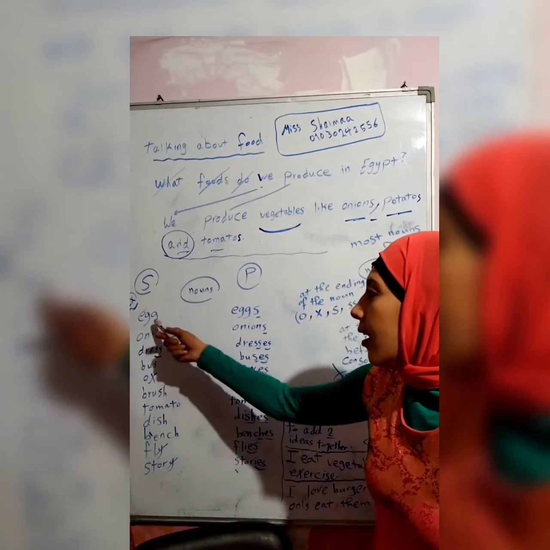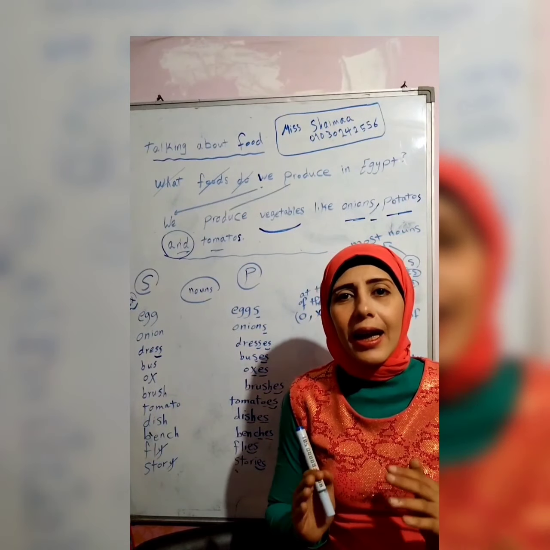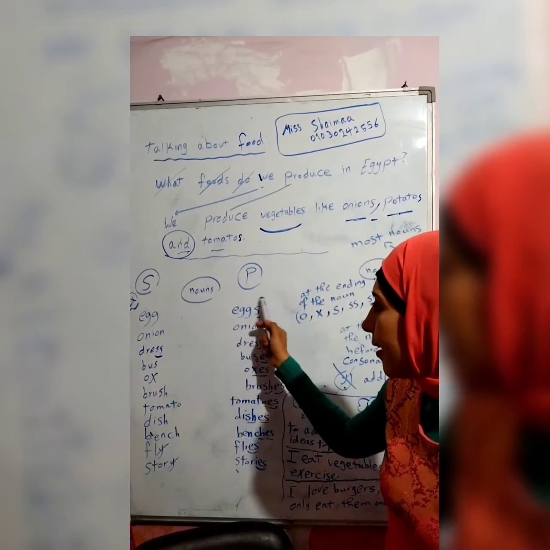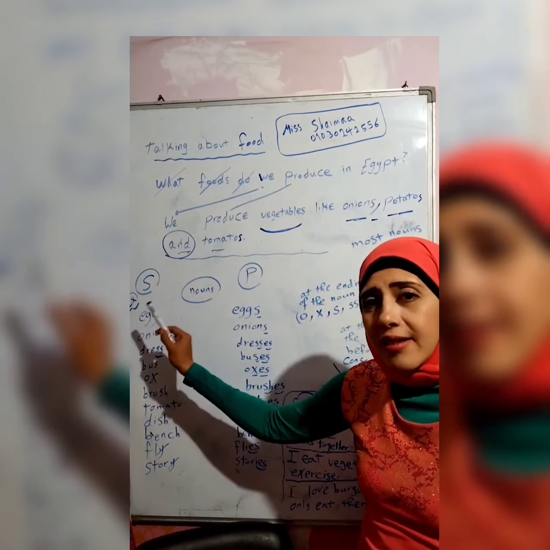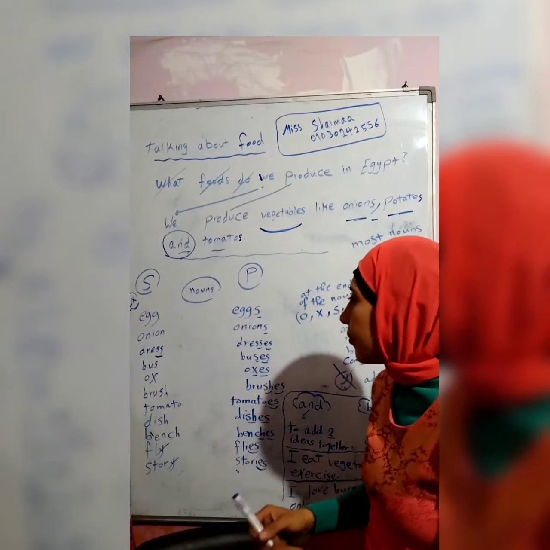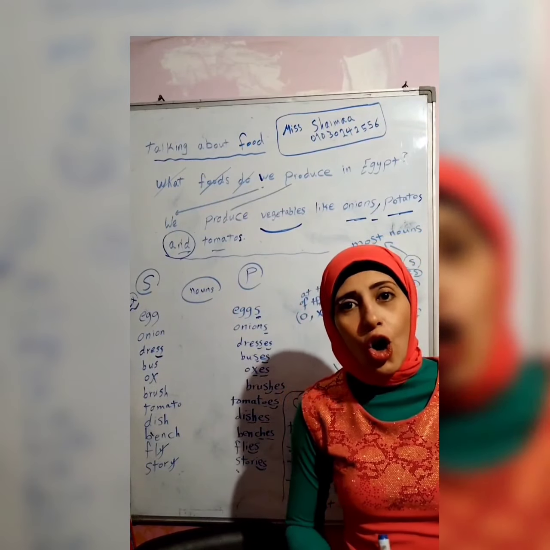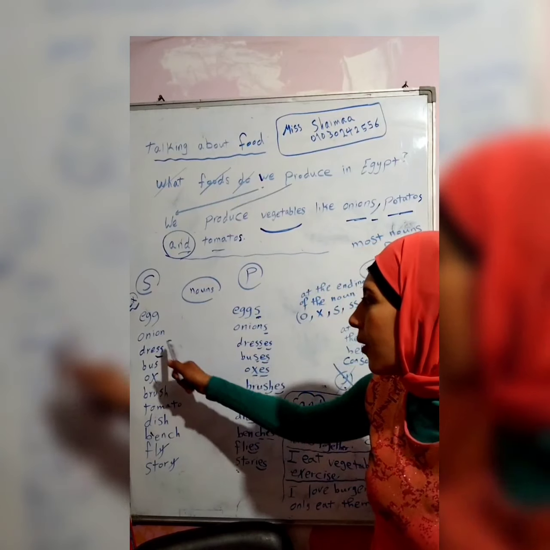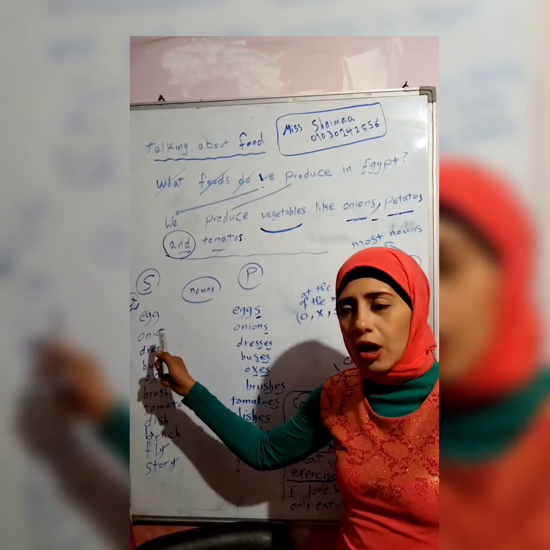Look here. The noun egg. Egg. Eggs. To change this noun from singular to plural, put S at the ending of this noun. Onion.